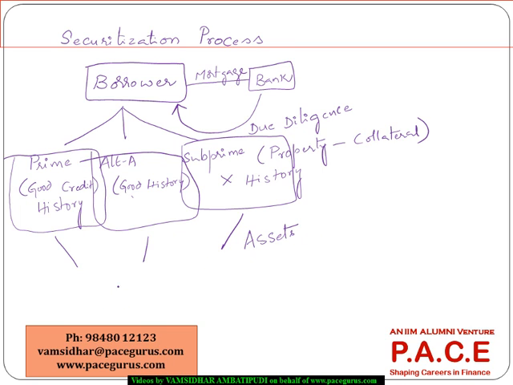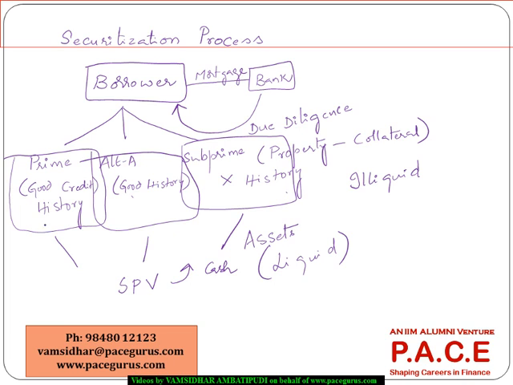They are sold to third parties, typically called special purpose vehicles, and the bank gets back the cash to run its day-to-day operations. So these properties, which are collaterals and are liquid, are sold to a third party and cash is immediately injected, meaning the bank becomes more and more liquid.